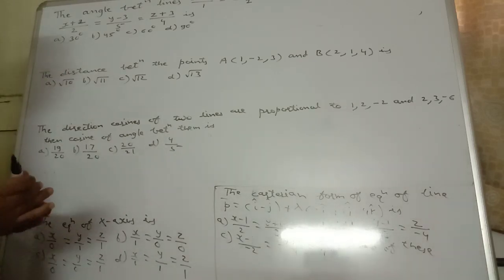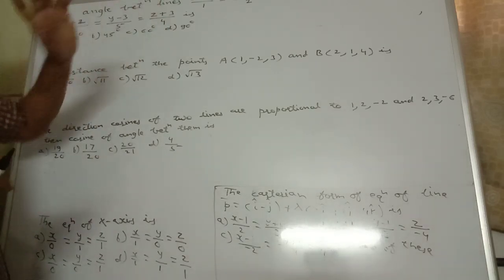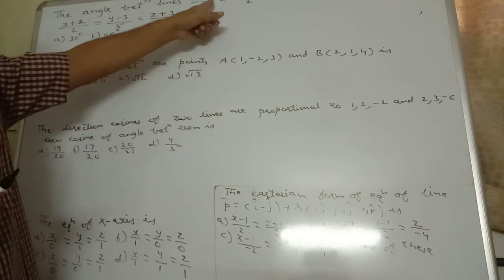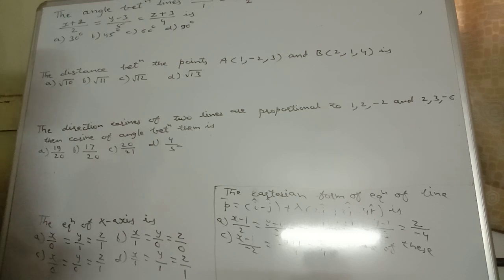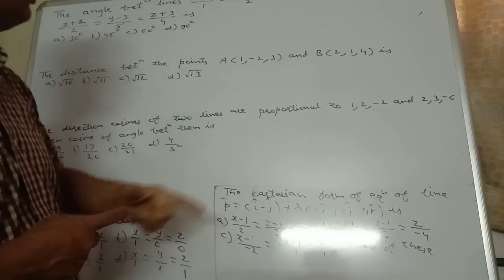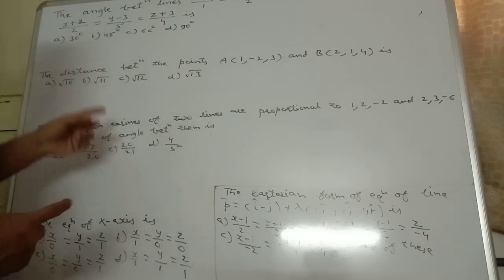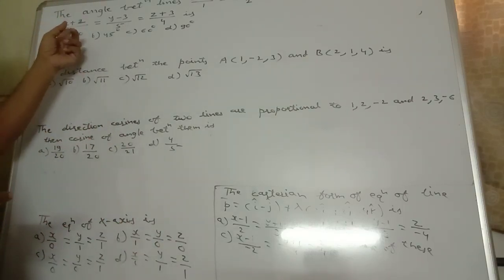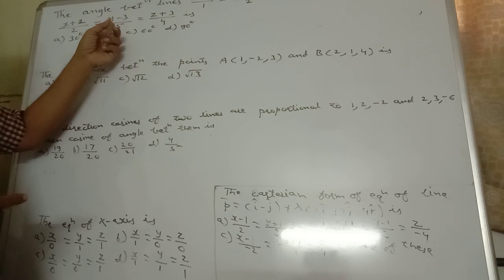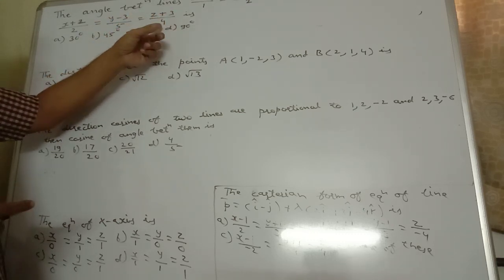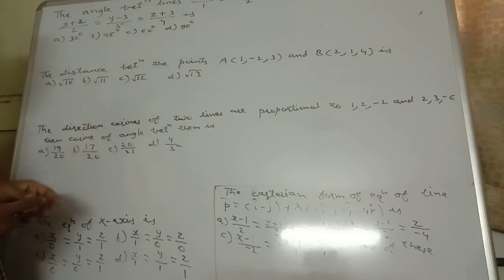Next example. The angle between lines (x minus 2)/1 = (y plus 3)/2 = (z minus 5)/(minus 3), and (x plus 2)/2 = (y minus 3)/5 = (z plus 3)/4 is.